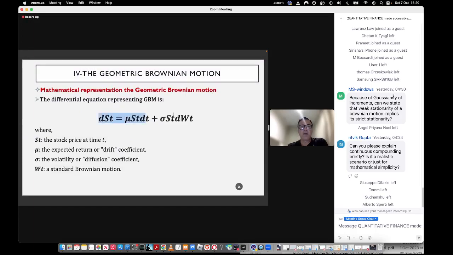And here, for the geometric Brownian motion, you have this differential equation, which is a bit different.